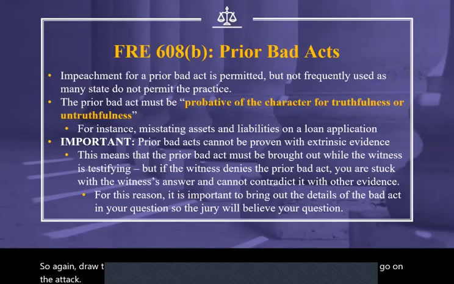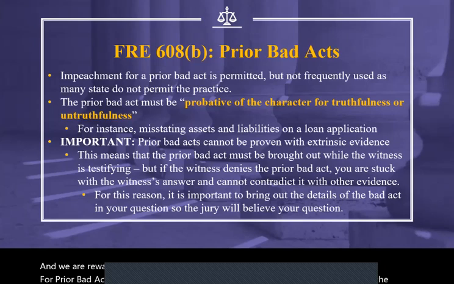That being said, we also can look at Rule 608(b), prior bad acts. Impeachment for a prior bad act is permitted, but not frequently used, as many states do not permit the practice, right?